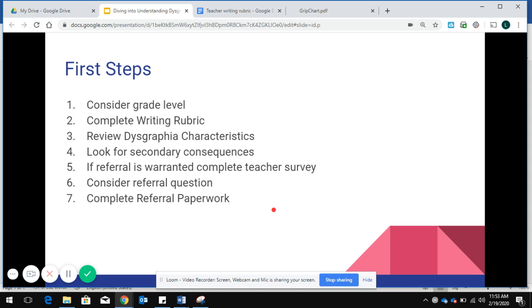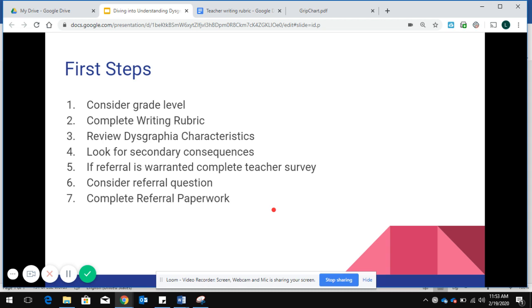And after that, it's very important that you consider the referral question, because sometimes we might see difficulties in handwriting only, but sometimes we see difficulties with handwriting and something else. So ask yourself, is dyslexia a concern as well?